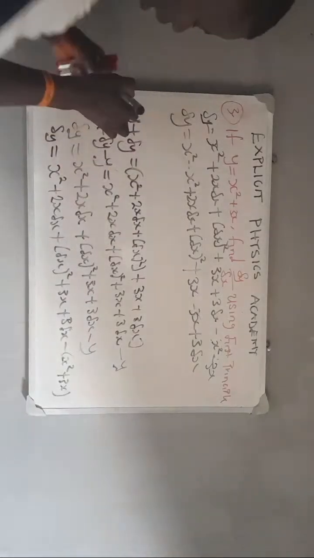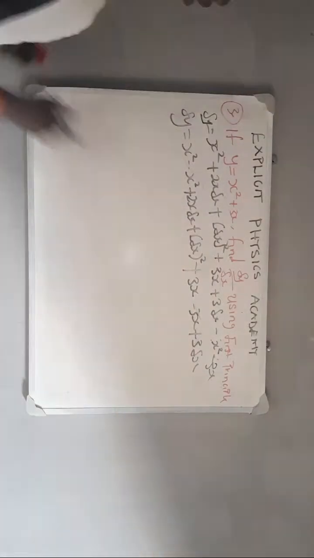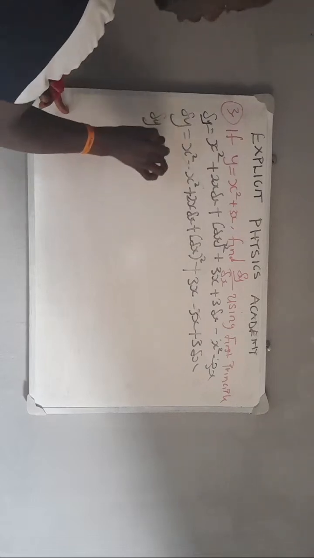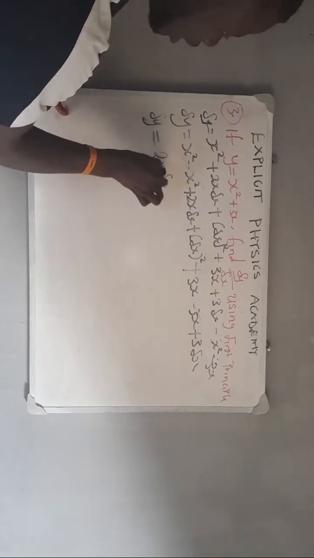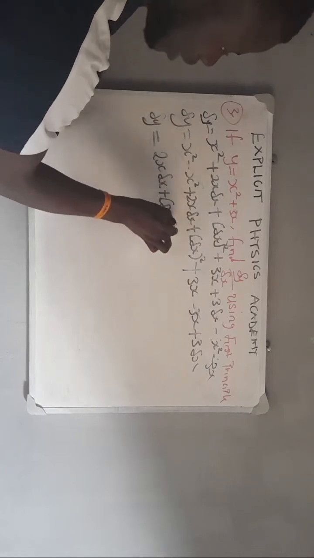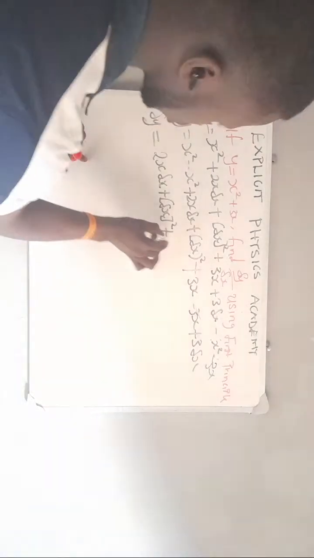So our del y will be equal to 2x del x plus del x squared plus 3 del x.